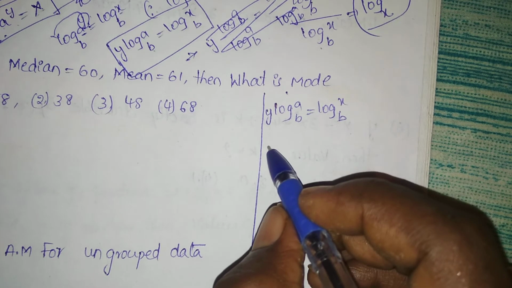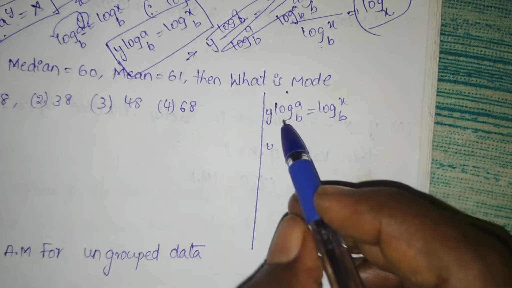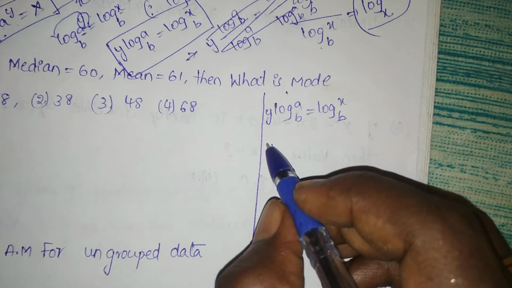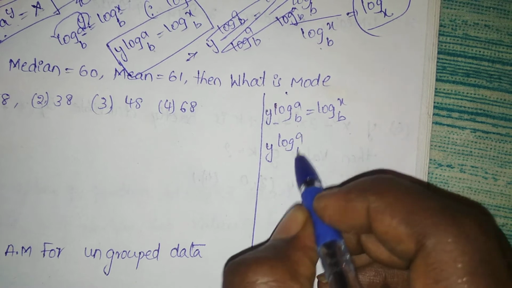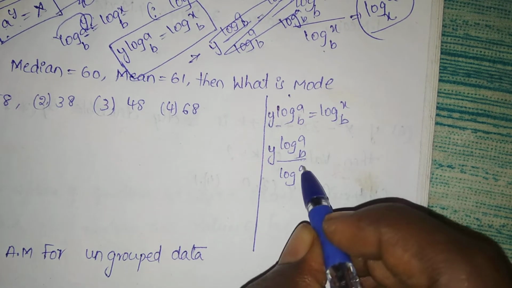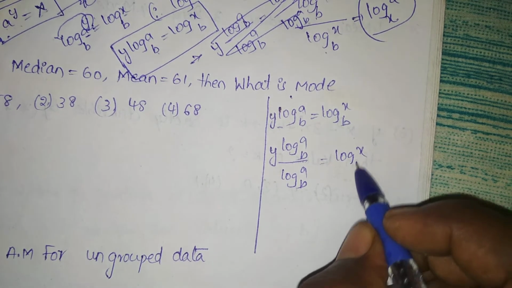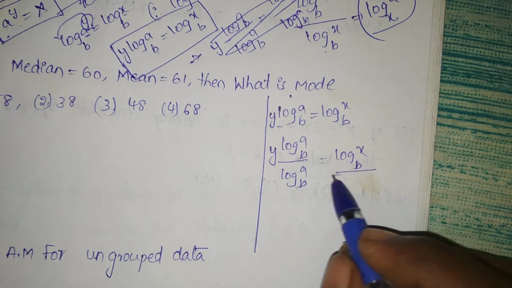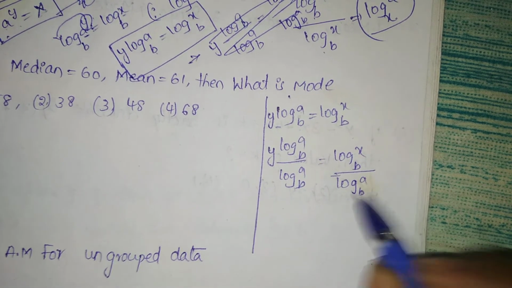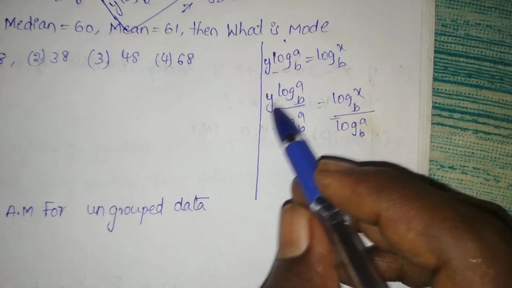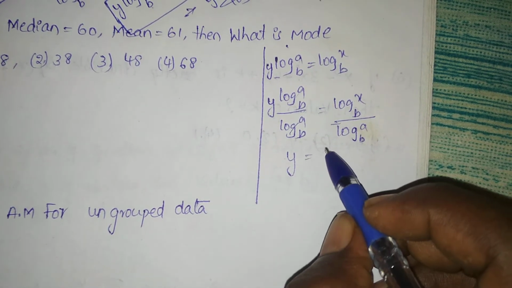While dividing both sides of this equation by log a to the base b, it gets cancelled, and this side remains with y, and the other side is log x to the base b divided by log a to the base b.